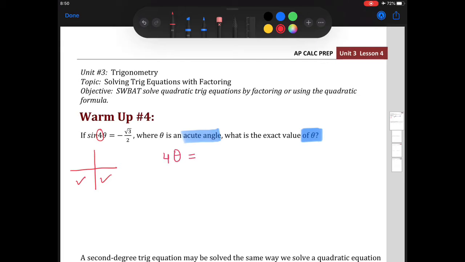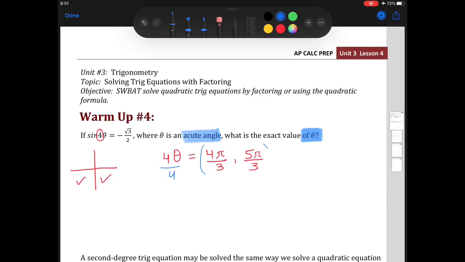So I know 4 theta is going to be what? If you're in the third and the fourth quadrant, it's going to be 4 pi over 3 and 5 pi over 3, right? Those are the two angles in the third and fourth quadrant when sine is negative root 3 over 2. So I'm going to divide by 4 because I want to solve for theta.